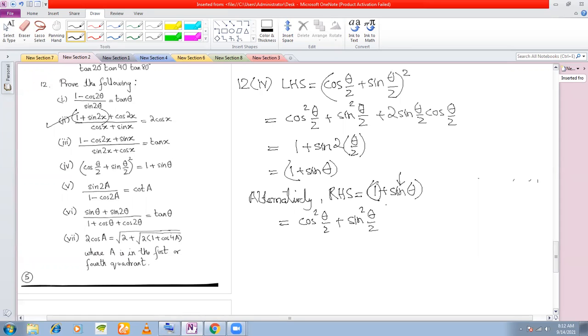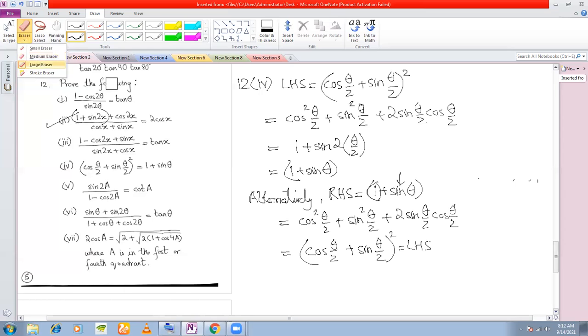And this sin theta can be split with the help of multiple angle formula as 2 sin theta by 2 cos theta by 2. Now if you see, this is a square plus b square plus 2ab form, which can now be written as a plus b whole square, which is equal to LHS. Okay, so both ways it will work, and both ways you should remember the proof of this. You'll be requiring this later on.